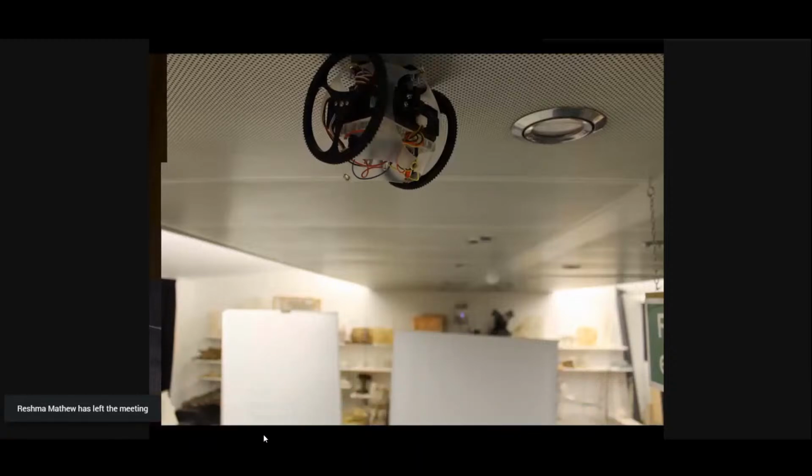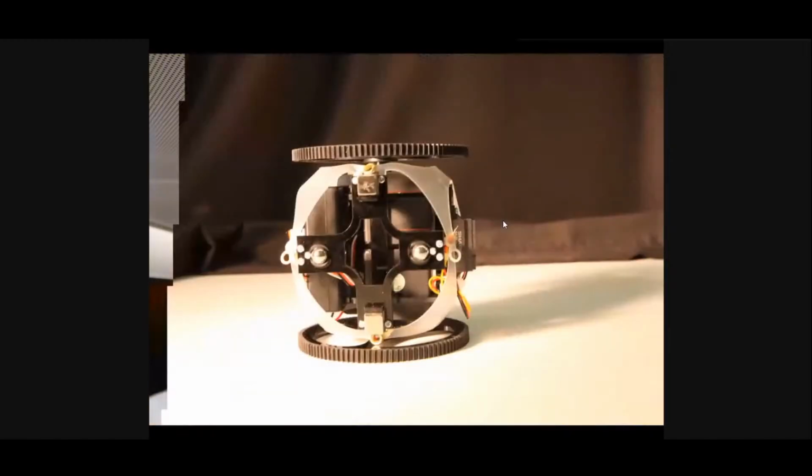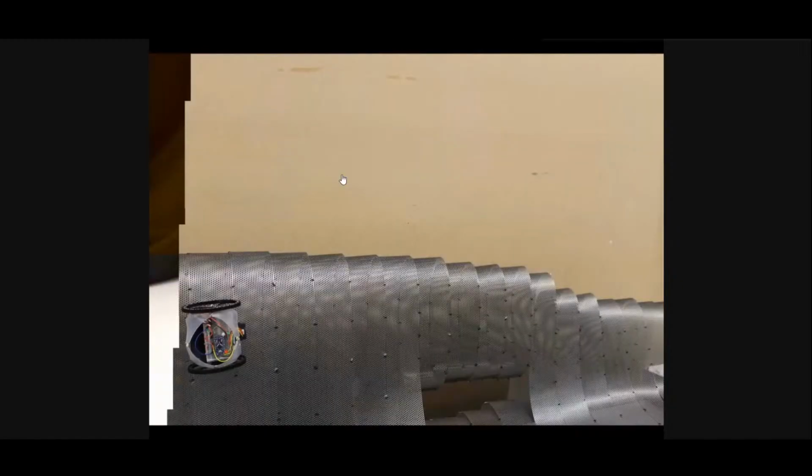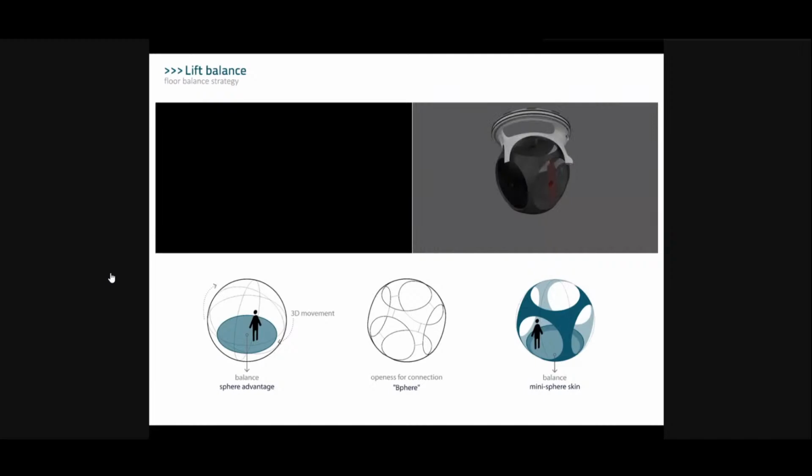Basically, it works with two magnets. We have moved away from electromagnets because they were a bit heavy, and so we used high-power magnets. With three-dimensional universal movement, one of the challenges for us is the flow balance.